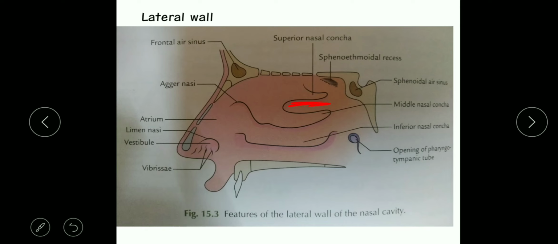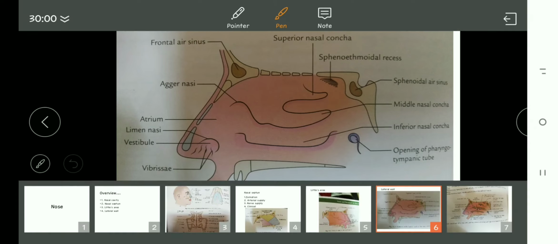See in this diagram, the upper portion is the ethmoidal air sinus.